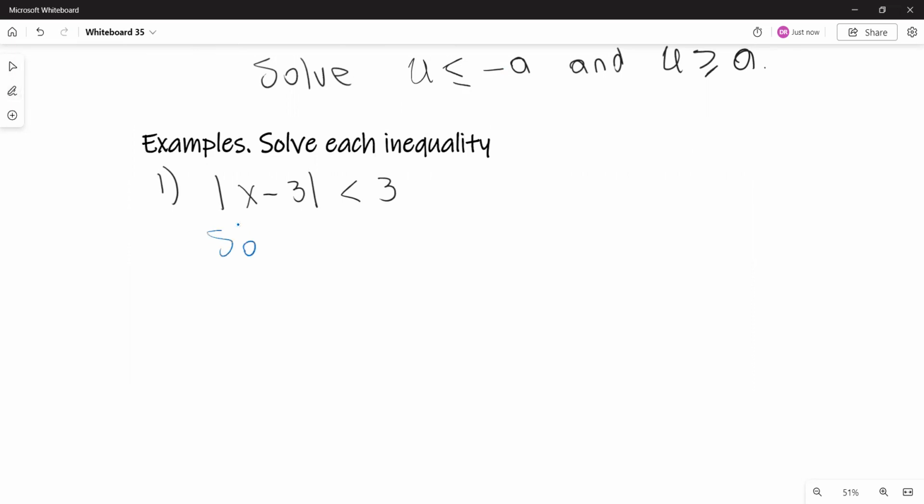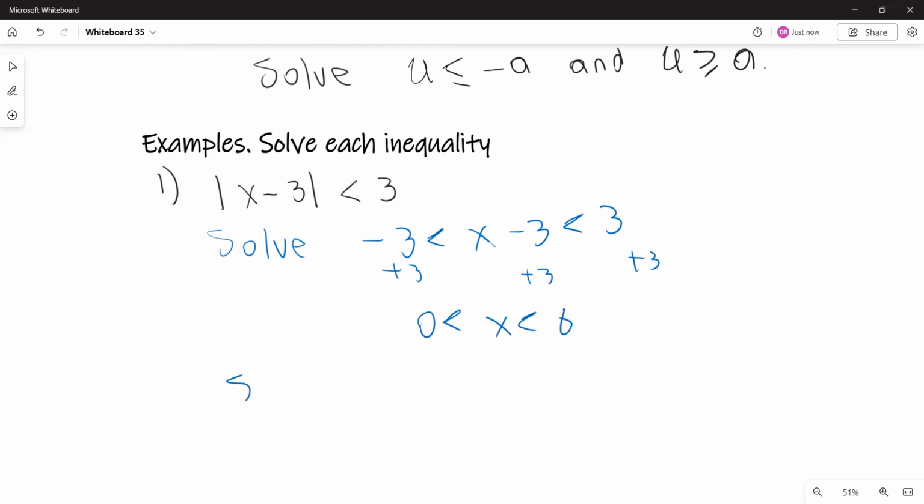It suffices to solve -3 less than x minus 3 and x minus 3 less than 3. All we need to do is add 3 to all three parts, and 0 is less than x is less than 6. So the solution set is (0,6).